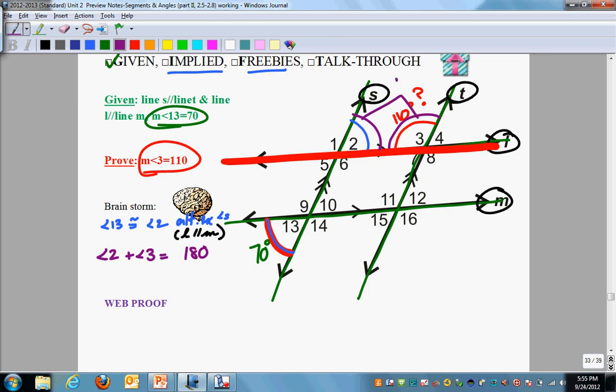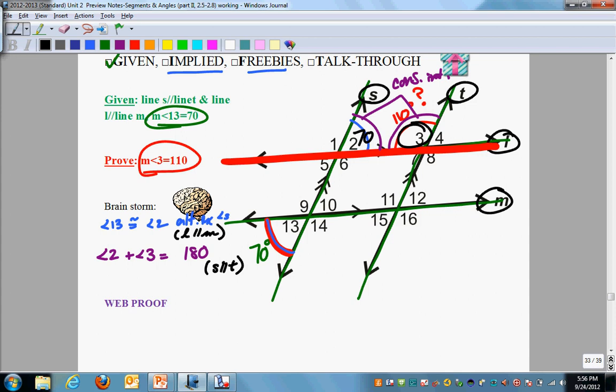Because they are consecutive interior angles, and that is because S is parallel to T. Now, because they're consecutive interior angles, we have angle 2 at 70, and 180 minus 70, boom, gives us 110.